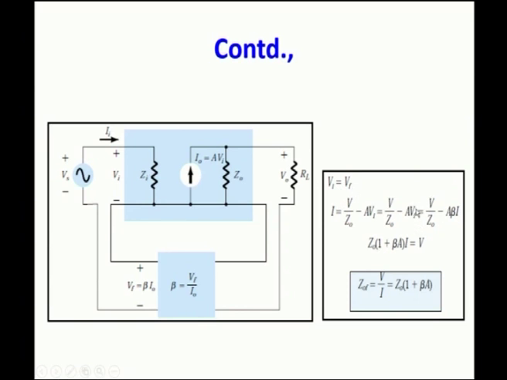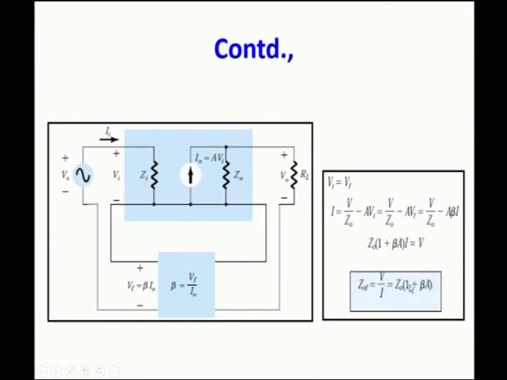So, Vf is replaced for Vi, and what is Vf, from this portion you can calculate, it is beta I naught, and replace Vf by beta I naught, and in this case we have taken in general I. So, it is I. So, Z naught, if you simplify this equation, you will get this Z out, that is the output impedance with feedback equal to V by I is equal to the output impedance multiplied with the factor of 1 plus beta A. So, since we have a series connection at the output, the resistance is increased by the factor of 1 plus beta A.